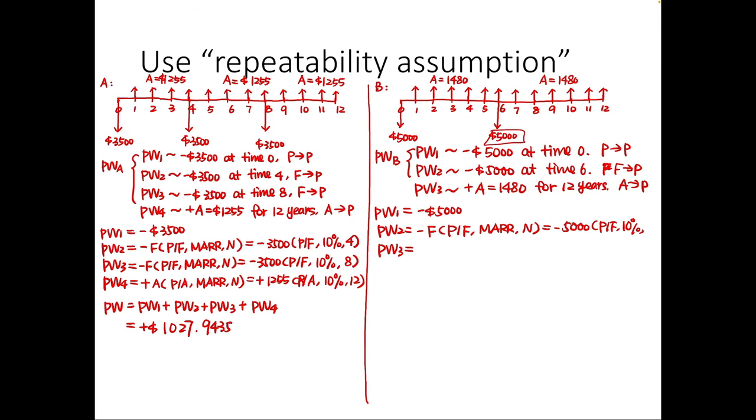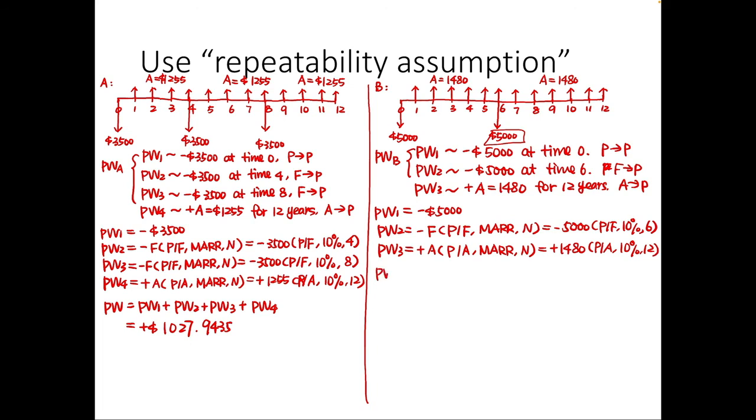It's at the end of the 6 years, so the N is 6. PW3 is to convert the annuities, so the formula is A times P/A, MARR, N, so it's positive 1480 times P/A 10%, 12.